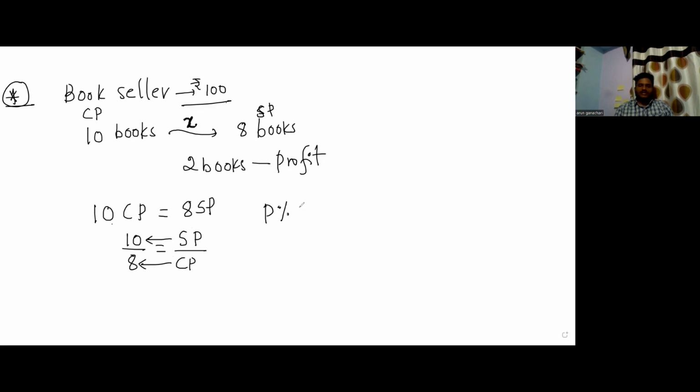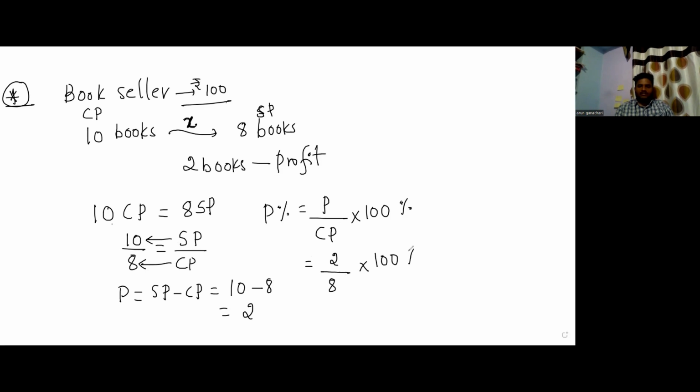What is profit percentage? Profit upon CP into 100 percent. Profit is SP minus CP, which is 10 minus 8, which is 2. So profit is 2, cost price is 8, into 100 percent.